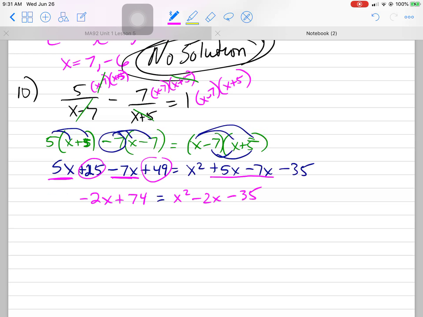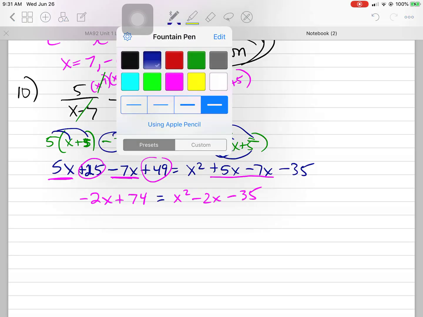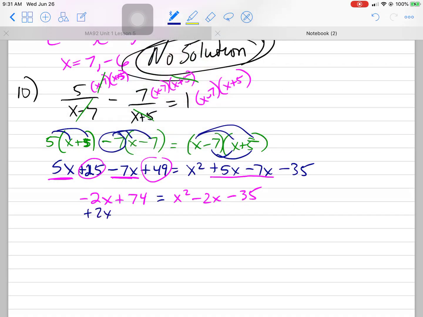All right, now, I don't want to move the x squared to the left. I want to keep it positive. So what I'm going to do is move these terms this way. So I can get my 0 now on that side. All right, try to be a little flexible about that.